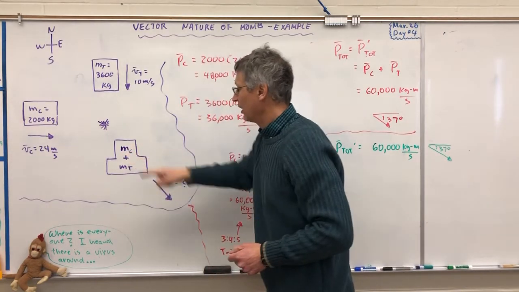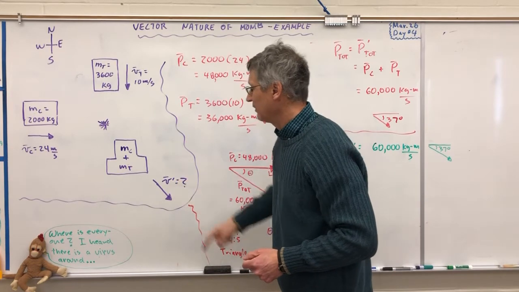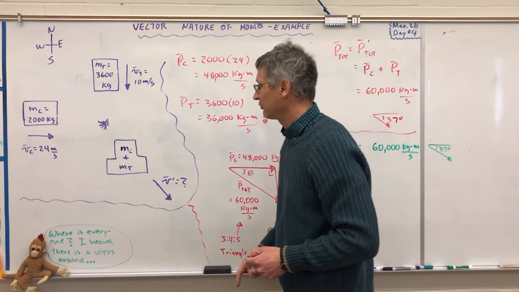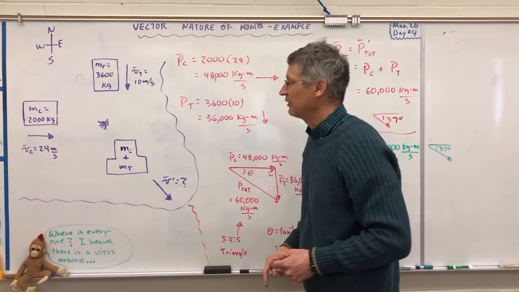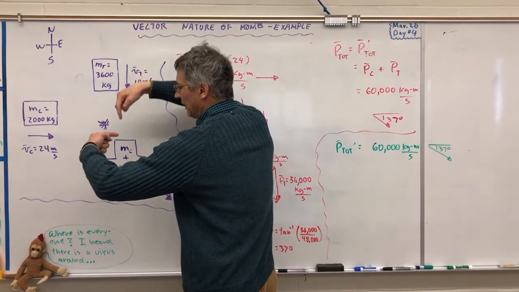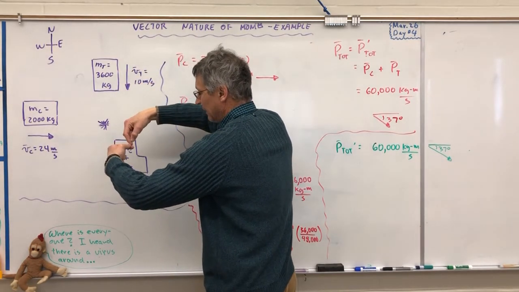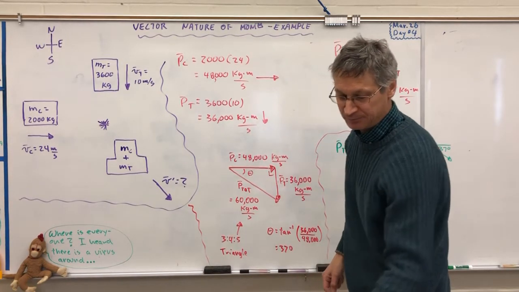There they are coupled together, and we want to figure out what velocity they have, how fast they're going, and in what direction they're moving after the collision takes place. And you figure if one's going this way and the other's going this way, when they collide and stick together, they're going to move off in this kind of direction.